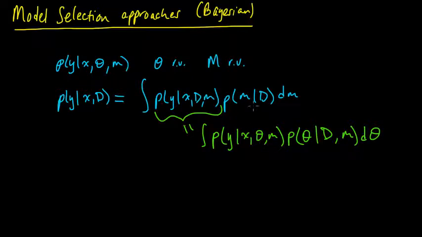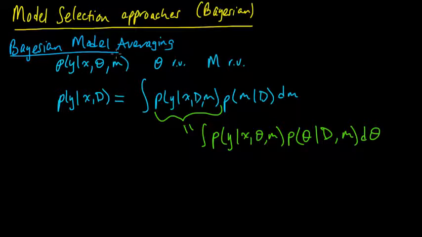So you can think about this as averaging over the probabilities that are being predicted under each of these different models, where the weights that we're averaging with are the posterior distribution on the model given the data. And this is called Bayesian model averaging, or BMA.